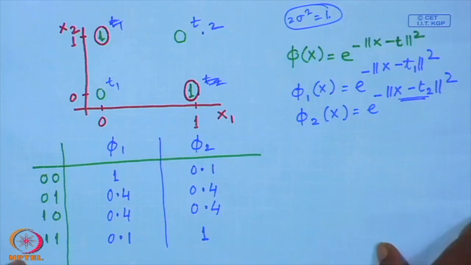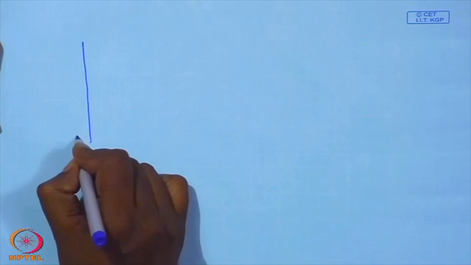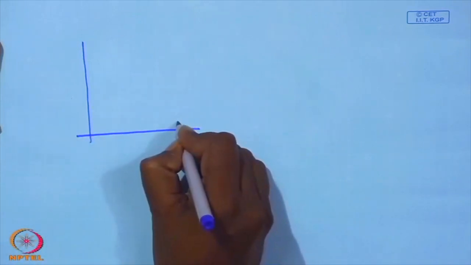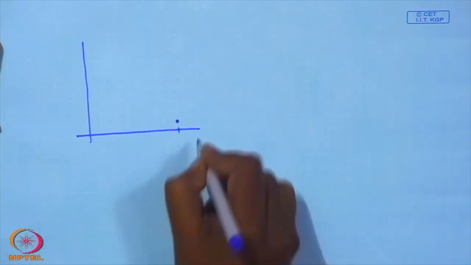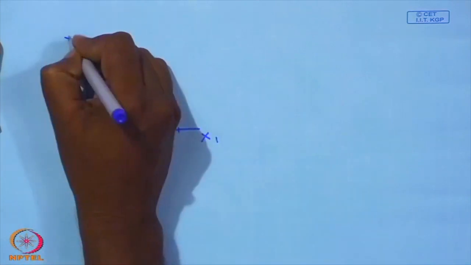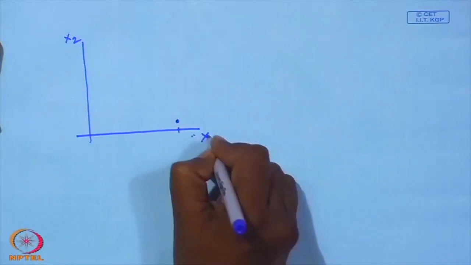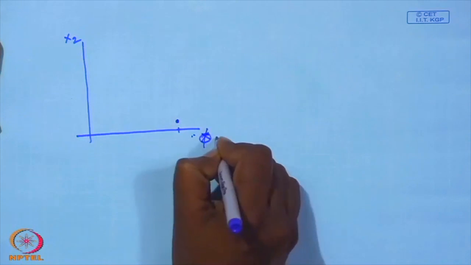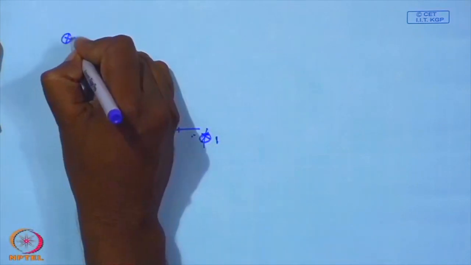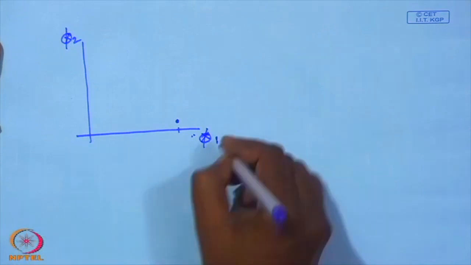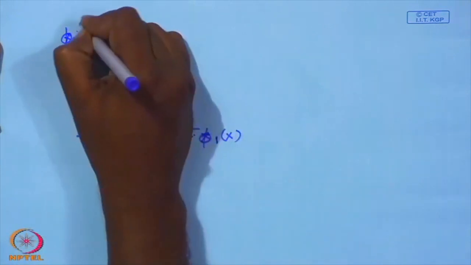So, if I plot this, the kind of plot that I have is, 0 0 is now mapped to 1 0.1, which will be somewhere over here. This is my x 1, this was my x 2. Now, instead of x 1, it will be phi 1, and this will be phi 2. So, this is phi 1 of x, this is phi 2 of x.